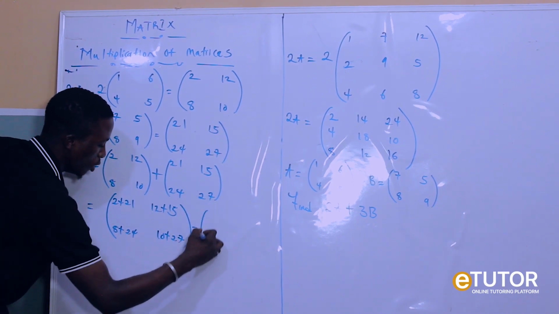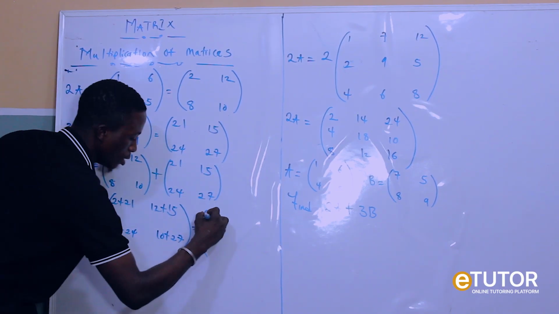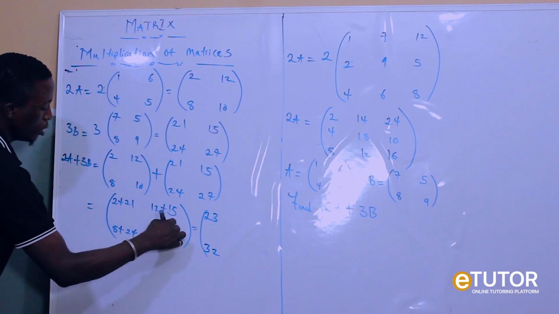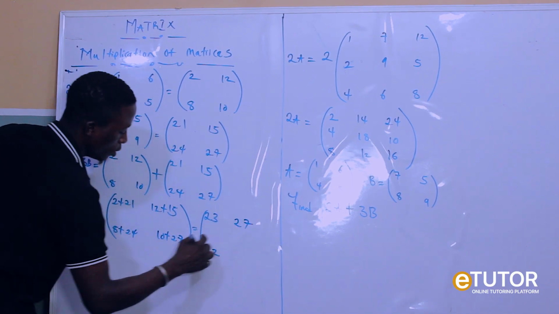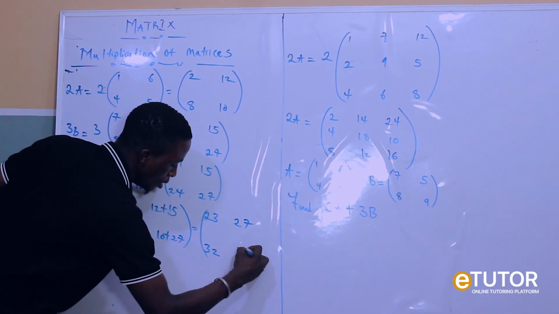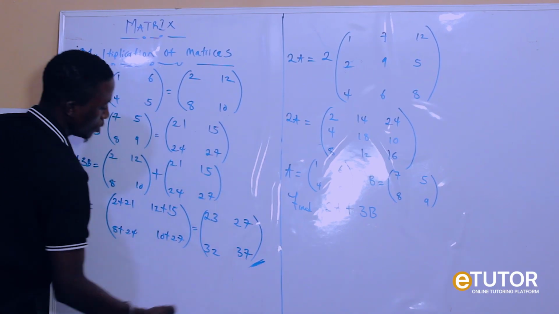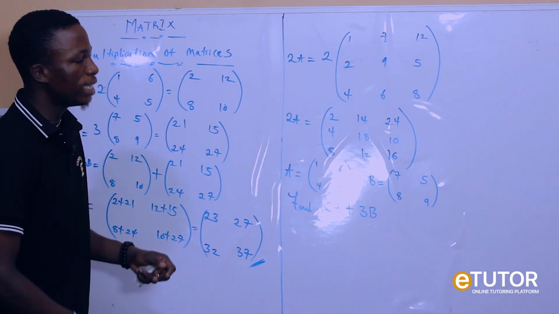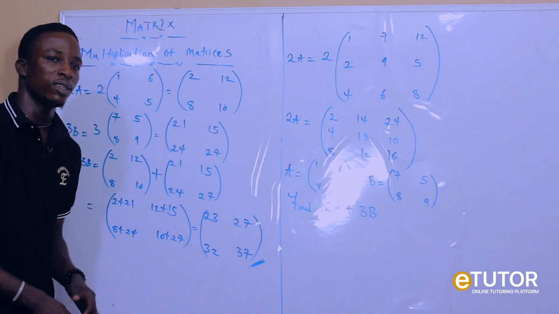So do the final sum. 2 plus 21 gives 23. This gives 32. This gives 27, while this gives 37. So it is very easy to find the scalar multiplication of matrices.